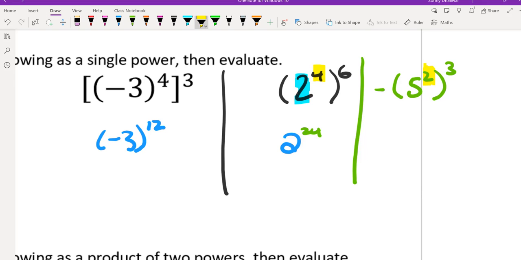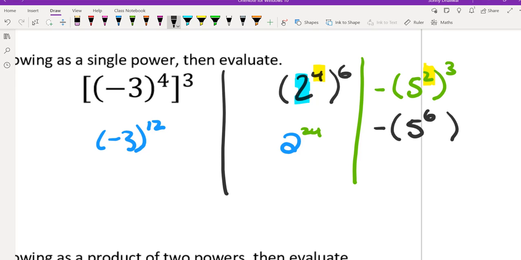So what's our base this time? 5. Thank you. Now, our exponent is going to go in the same spot as the innermost exponent. So where is our exponent going to go? Right where the yellow is. And what number do we have? 6. Now, what about this negative sign? That is still there.